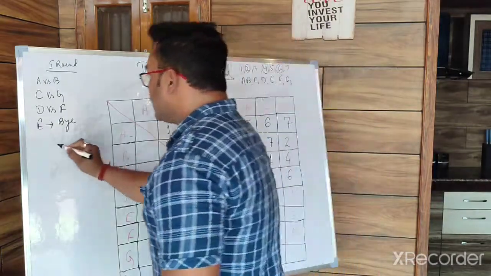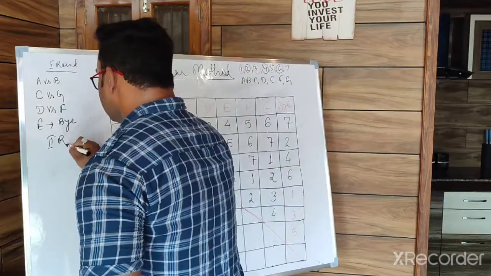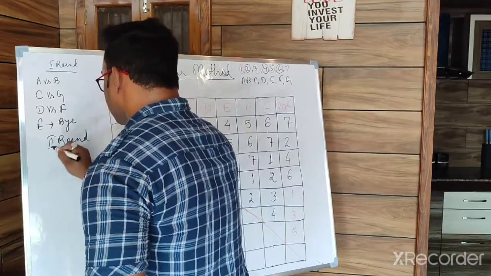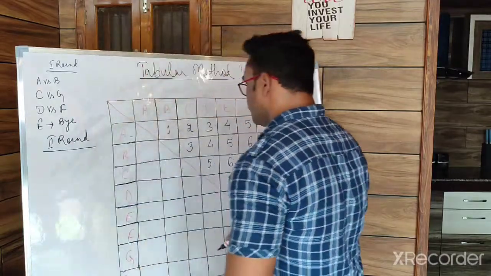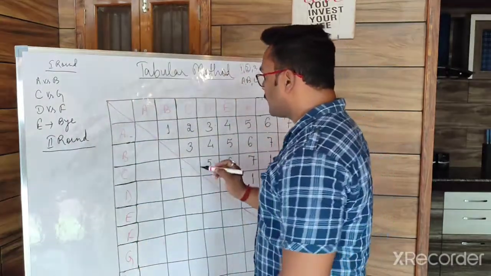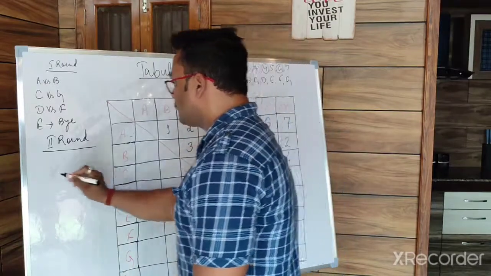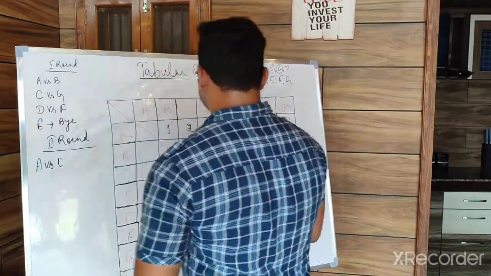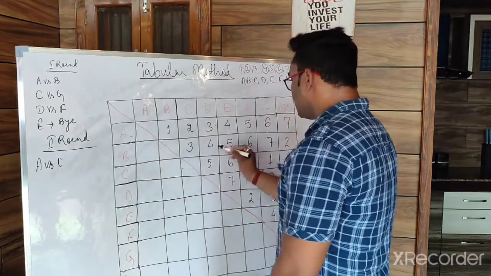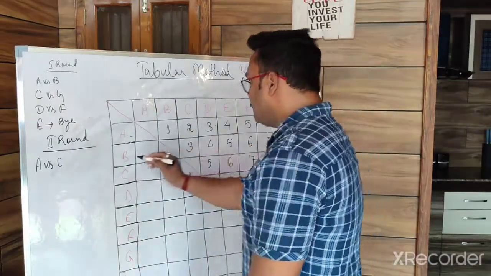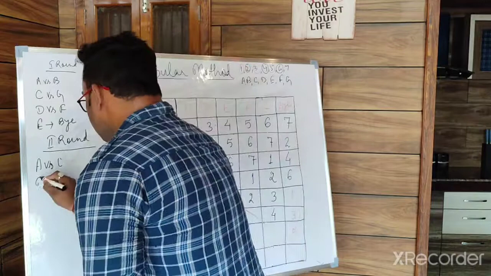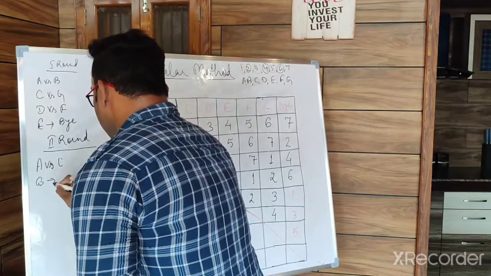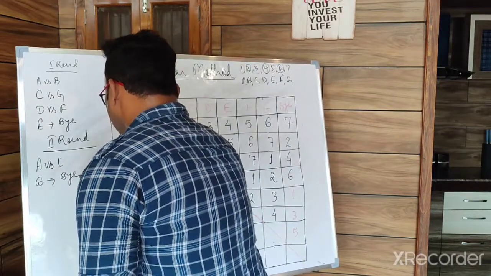Then second round you arrange. Wherever you have 2. A and C, A versus C. Then where we have 2? Here. Team B will get a bye.